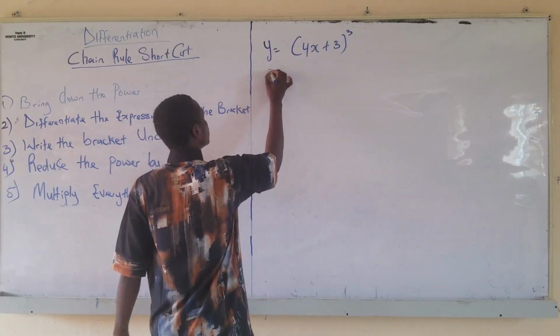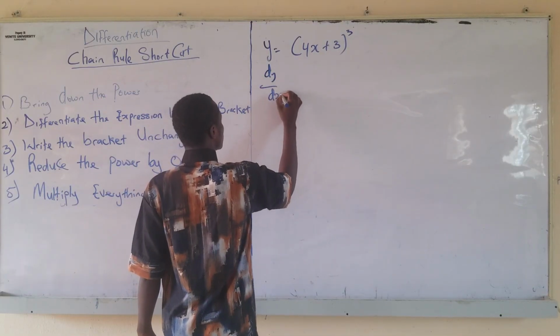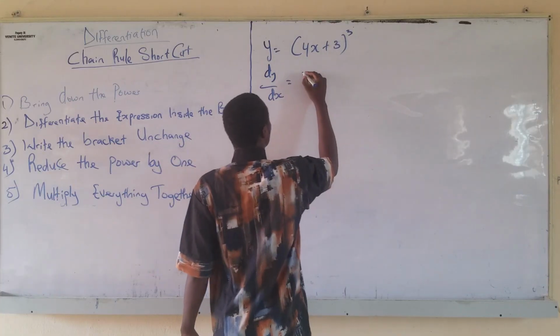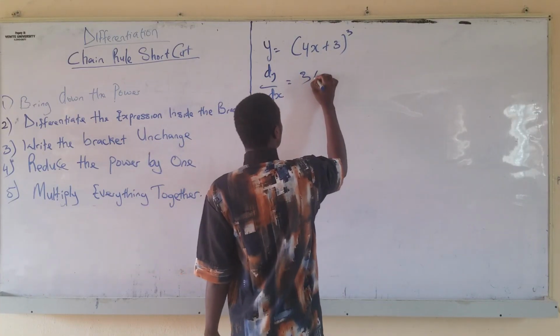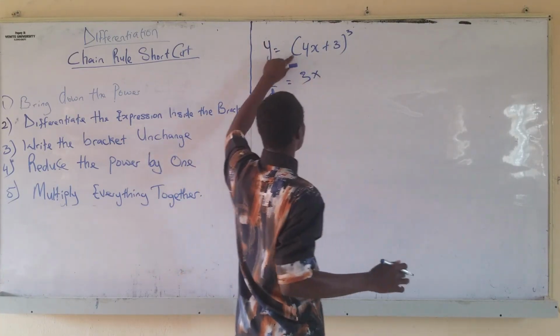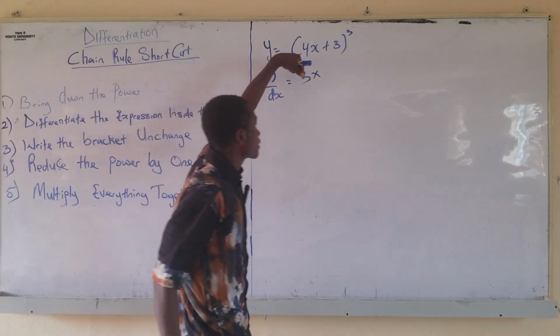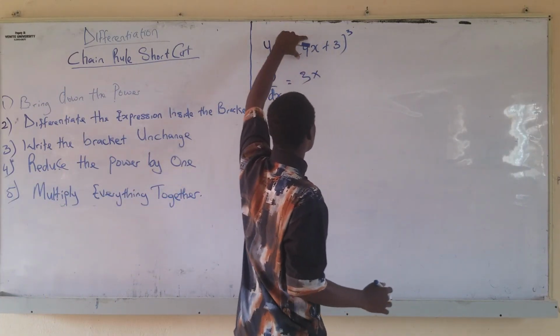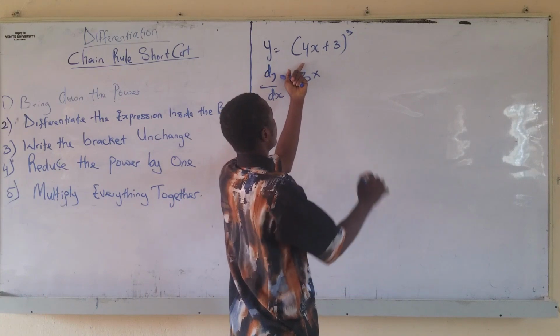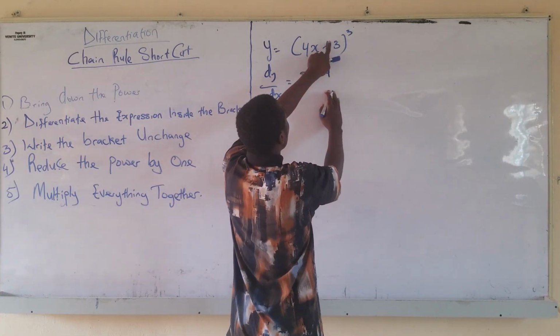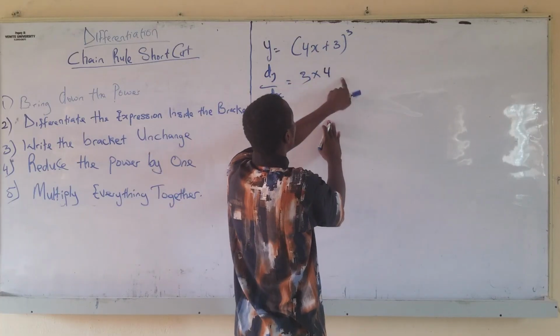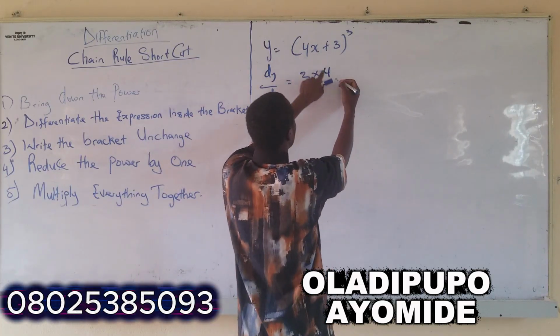This becomes dy/dx, which is equal to: bring down the power first, times the derivative of the expression inside the brackets. We differentiate 4x: 1 times 4 becomes 4, 1 minus 1 is 0, x raised to power 0 is 1, and 4 times 1 becomes 4.